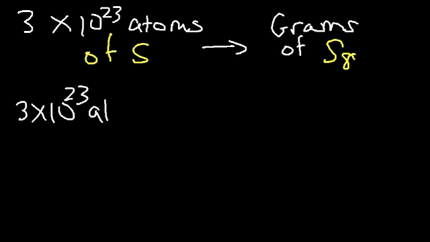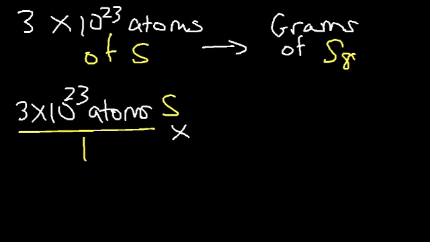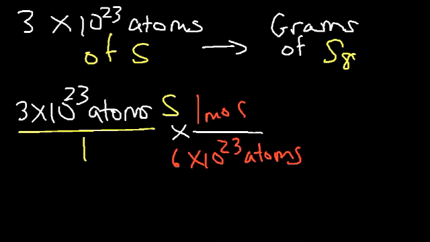So let's start with this. 3 times 10 to the 23 atoms of sulfur. We need to convert it into moles first. So we know that there's 6 times 10 to the 23 atoms per 1 mole of sulfur.